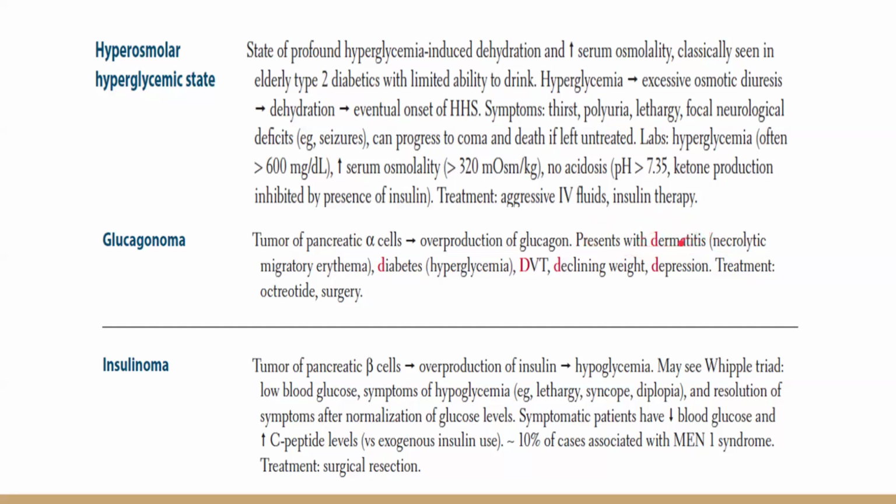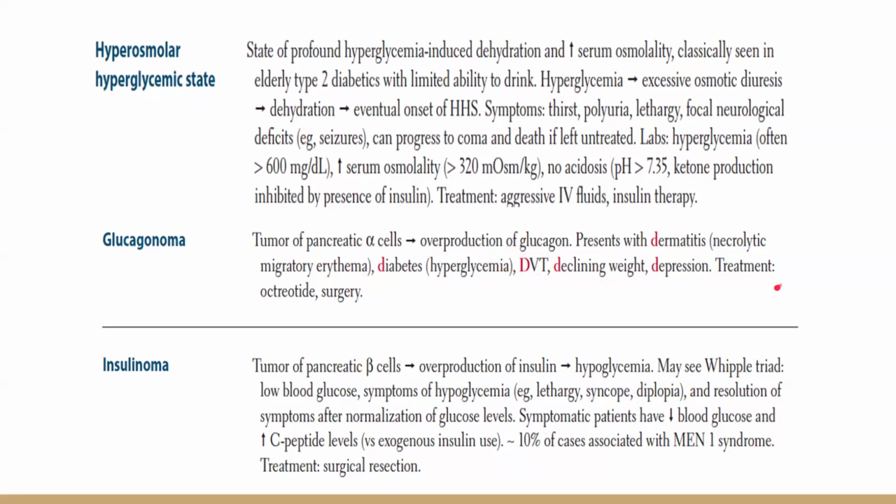So you take this in MSI. Diabetes, hyperglycemia, okay. DVT is deep vein thrombosis. You'll take this in POD, but basically thrombus is like a blood clot, okay? Deep vein, a blood clot inside the deeper veins. That's basically it. Declining weight, okay?